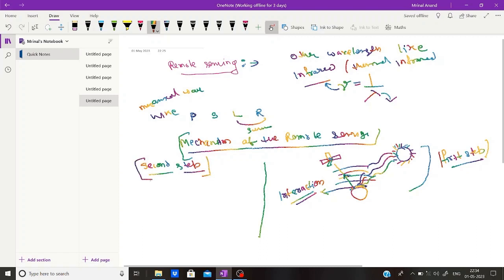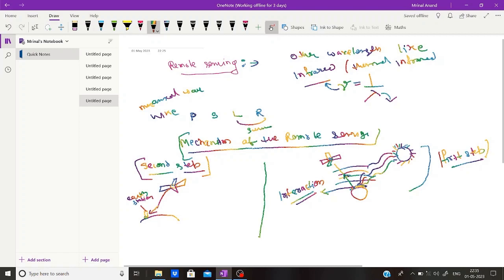While dealing with the second step of the remote sensing, the data of the surface of the earth is recorded by the satellite, and after receiving that data, the satellite will transmit this signal to the earth station.